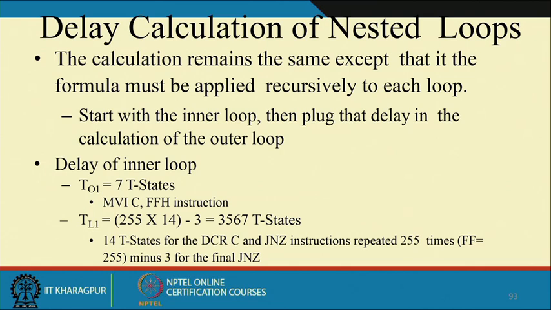Then for loop 1, the looping part, as we have seen previously, will take 255 into 14 minus 3, that is 3567 T states. So, this is the total time needed for the inner loop. 7 plus 3567, so 3574, is the total number of T states needed for doing the inner loop for one iteration of the outer loop.